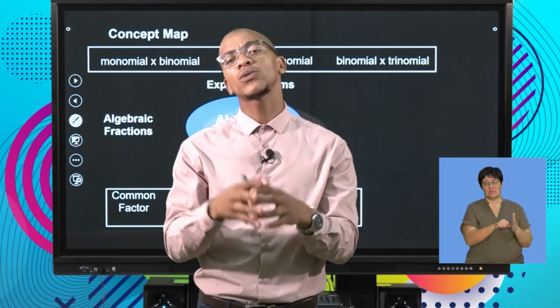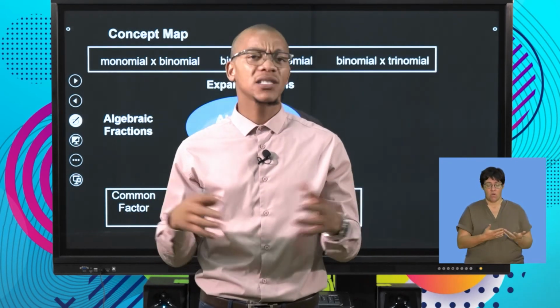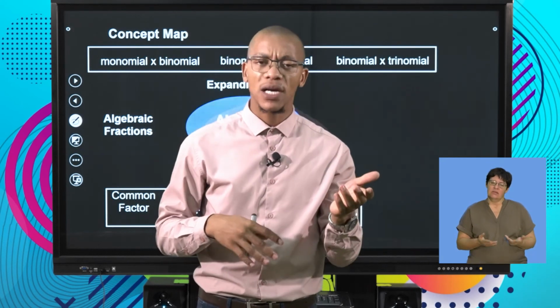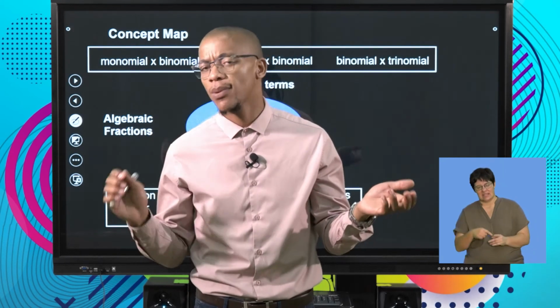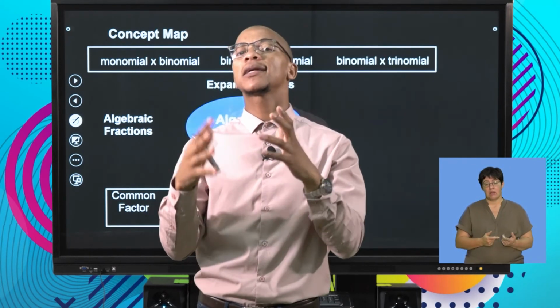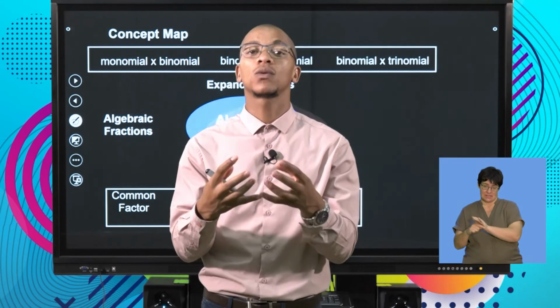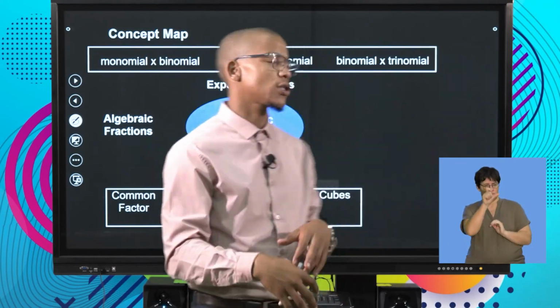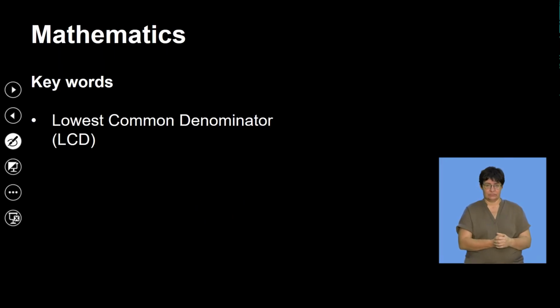So now we're going to look at some fractions. It will be adding, dividing and multiplying fractions. Remember, the opposite of adding is subtracting, right? But let's look at some key words before doing some fractions. Firstly, we have what you call the lowest common denominator.